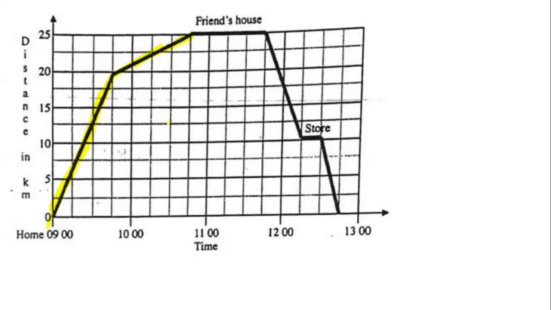Let's settle this in the chat. What time did he arrive at his friend's house? I see a lot of 10:50s. Someone said 10:45. I see 10:25, 10:35.